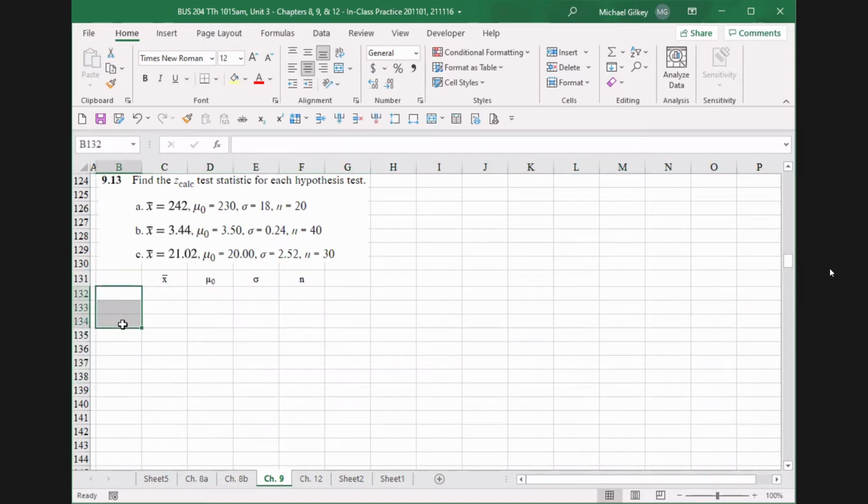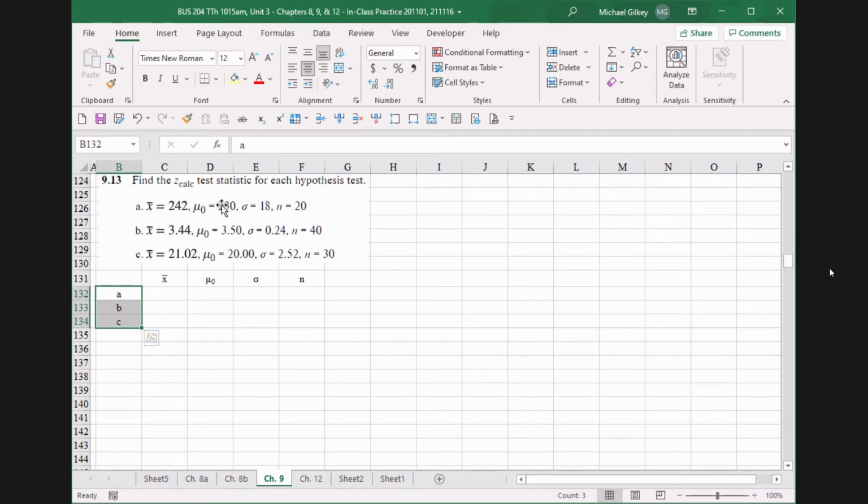So we have 3 scenarios here. The first one, so what's going on here? We have our sample mean. We've already taken our sample.